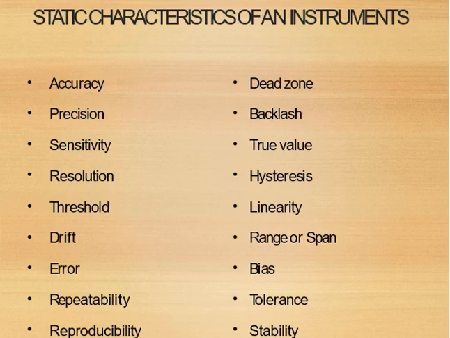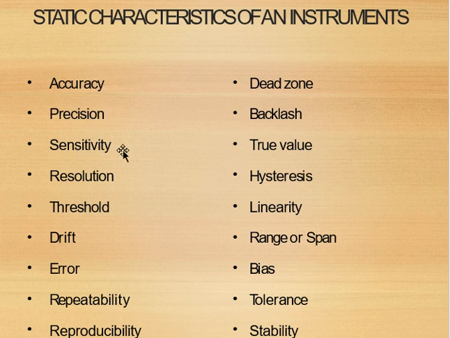Let's start with the classification of these static characteristics. There are n number of parameters available under the static characteristics. The most important ones are accuracy, precision, sensitivity, as well as resolution, and all the other parameters are also available here that we have to study. We start with accuracy, then precision is also important.